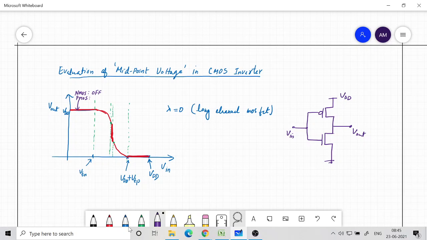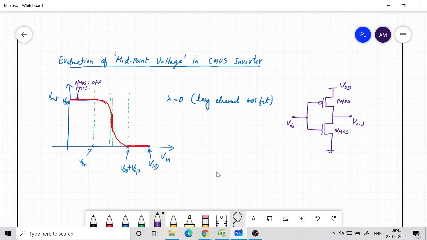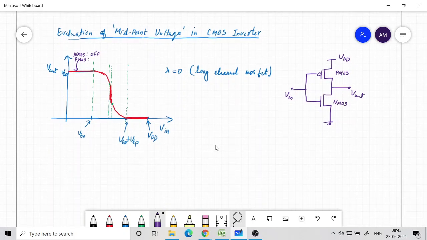So VGS is going to be V in minus VDD, right? So this is the PMOS and this is the NMOS. So that's the circuit. So let us denote all VGS and VDS of all the circuit. So first let us look at NMOS and then look at PMOS.